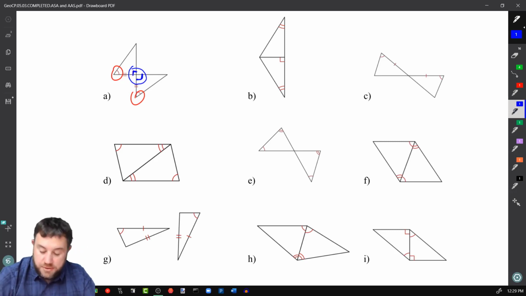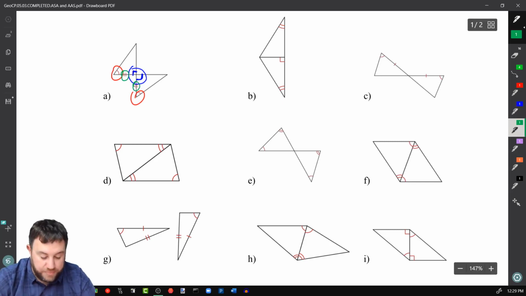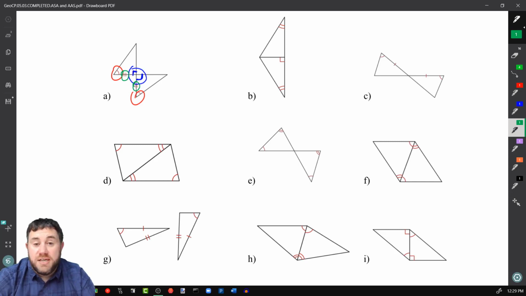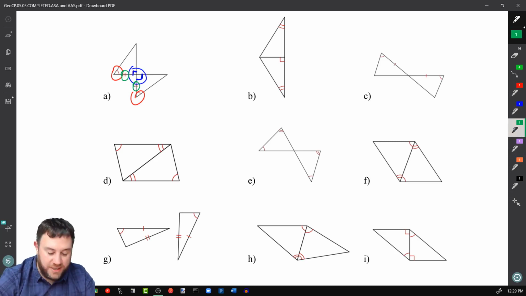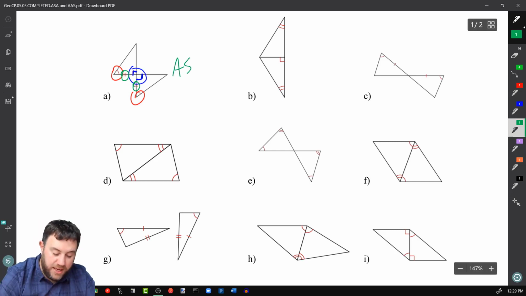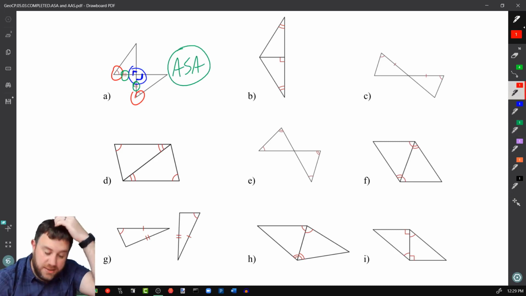So we know those two angles are congruent. And then we've got these sides here where I've circled in green. So we've got two angles and a side. We know they're congruent. The question is, is it angle, side, angle, or is it angle, angle, side? Well, the congruent sides connect our angles, so that will be angle, side, angle. It's all about where that side is.